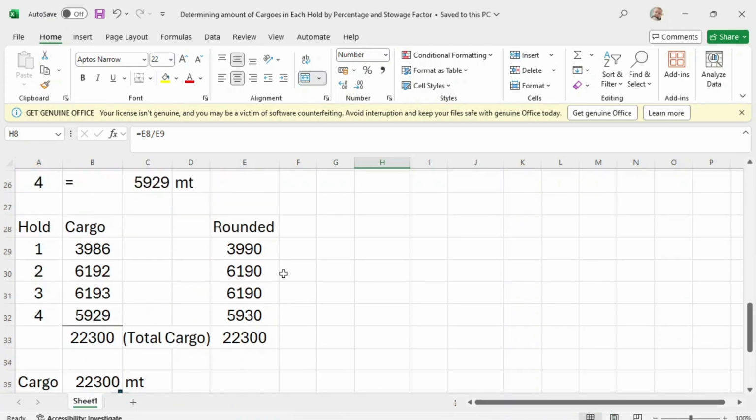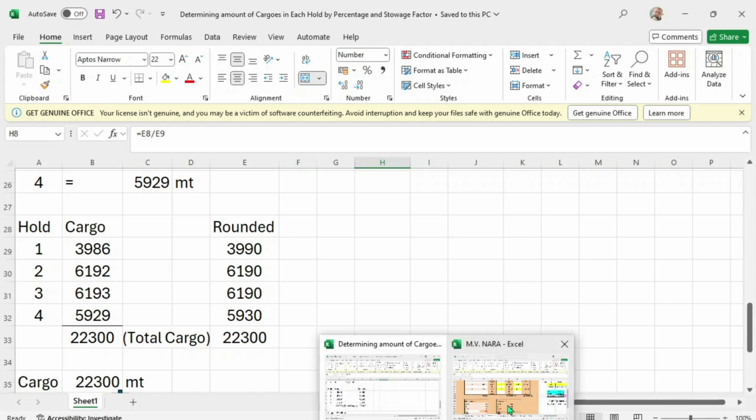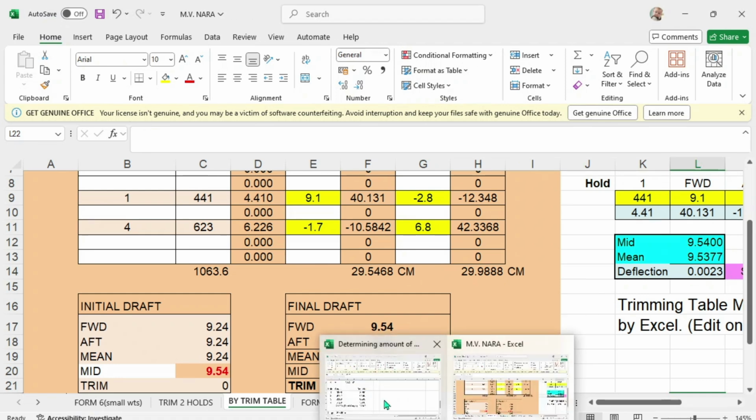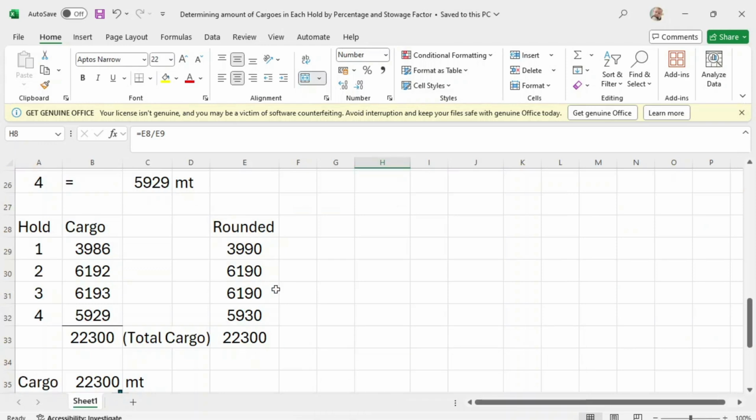Once you put these figures in 1, 2, 3, and 4 in your load master or loadicator, take note of the deflection. If the deflection is 0 or sag or hog. So take note of that once you put this value in your loadicator. Okay.